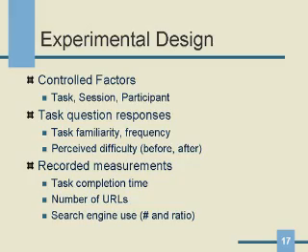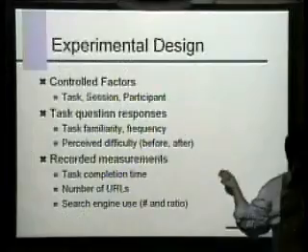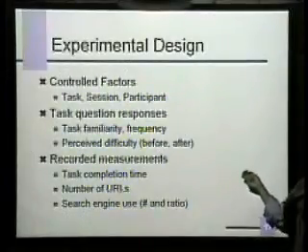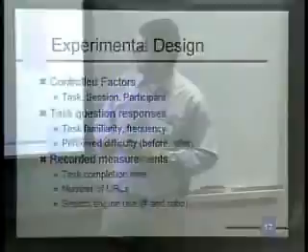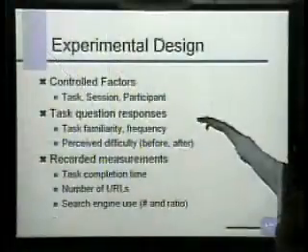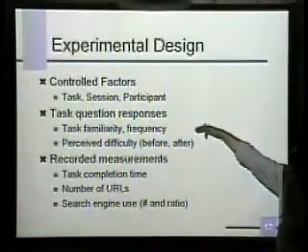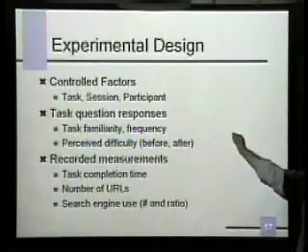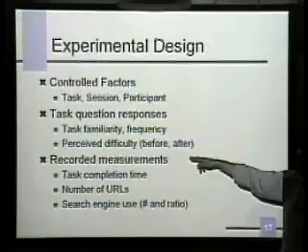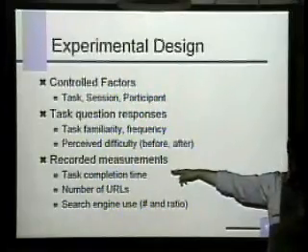So there were a number of controlled factors, obviously task and participant, and then session. There were session 1 and session 2. We had a number of responses to these task questions. We asked about frequency and familiarity and perceived difficulty, both before and after the task. And then we recorded certain measurements. We recorded the task completion time.